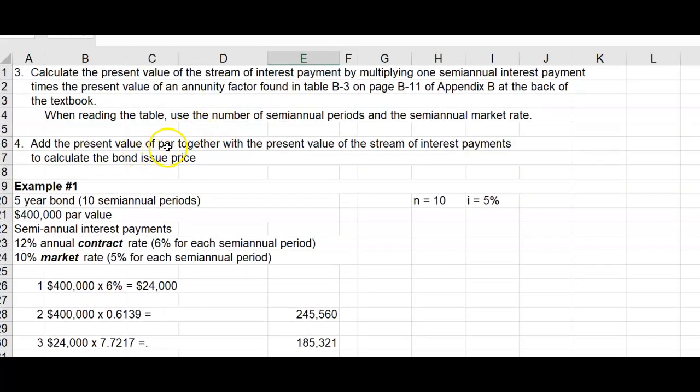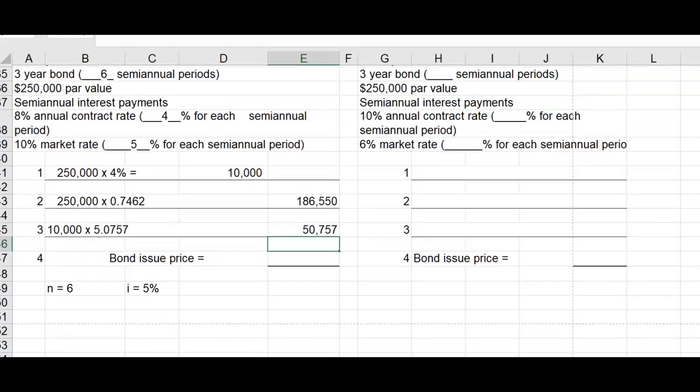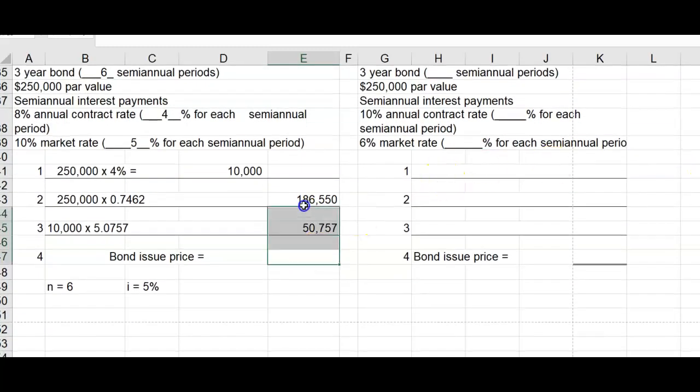Step 4. Add the two present value factors together. And we have a bond issue price of $237,307.